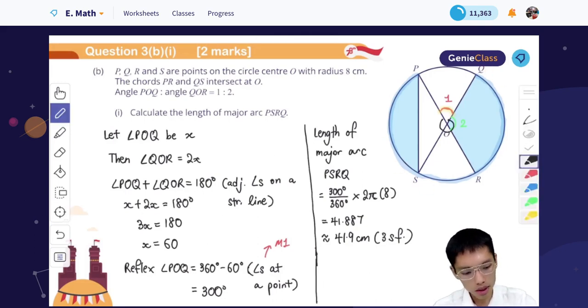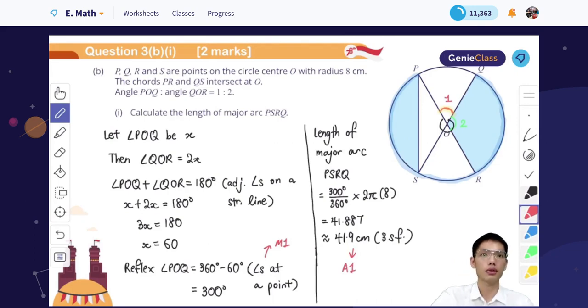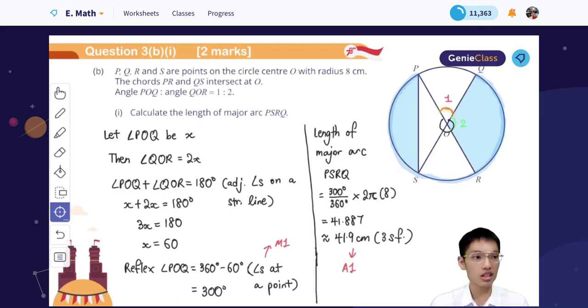The second mark comes into play when you actually use the formula for length of major arc, which is in this case 300 degrees. Take note, it's not 60, it's 300 degrees, over 360 degrees multiplied by 2 pi r. R is 8 given here. So that's how you get the first part.